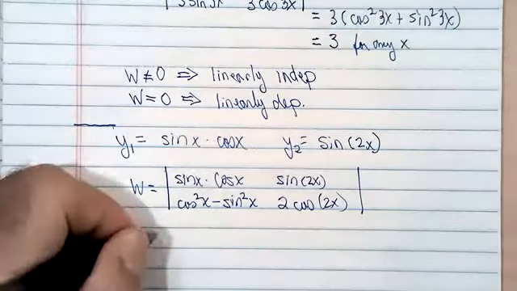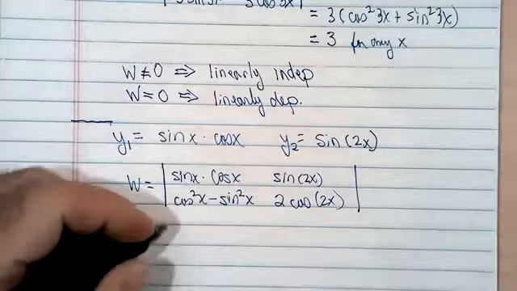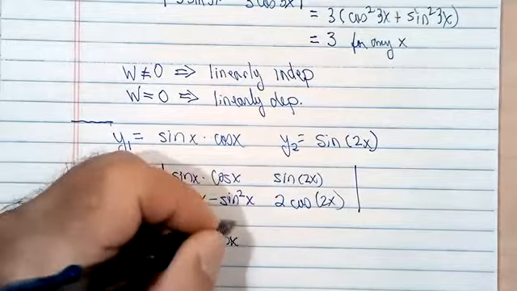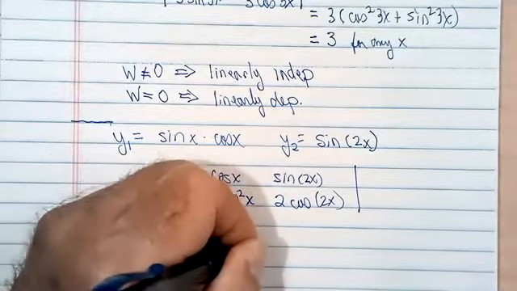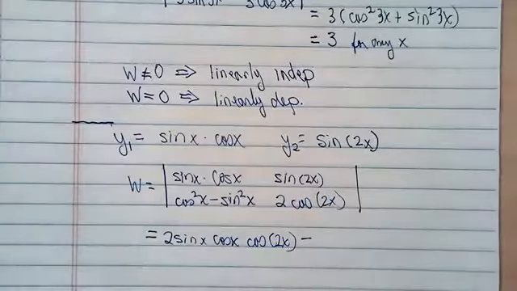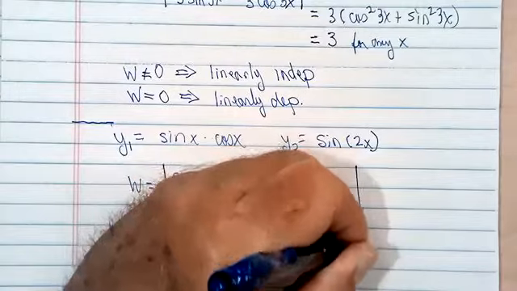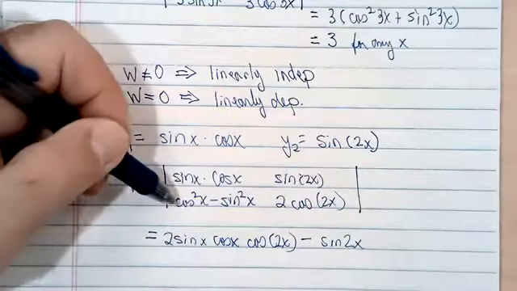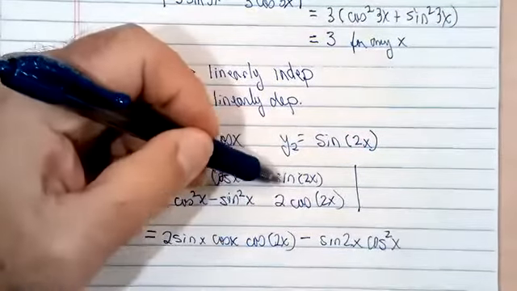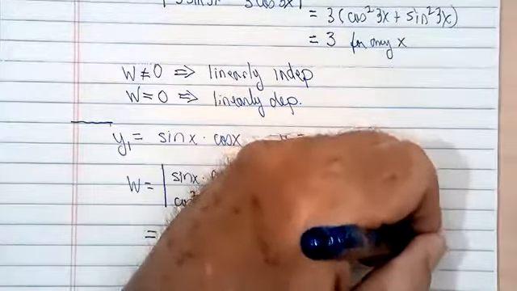And if we compute the value of this determinant, let's see, we'd have this thing here, sine x cosine x times 2 times cosine 2x minus, oh, what a mess, sine of 2x rather, times cosine squared x, and minus a minus would be plus sine of 2x sine squared x.